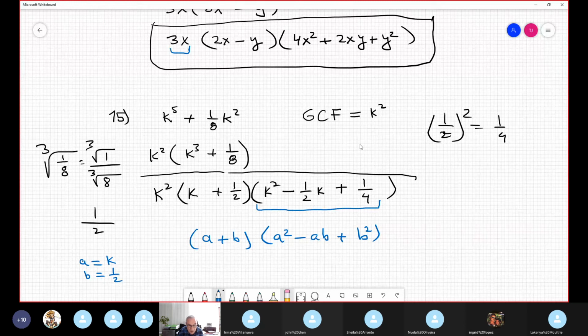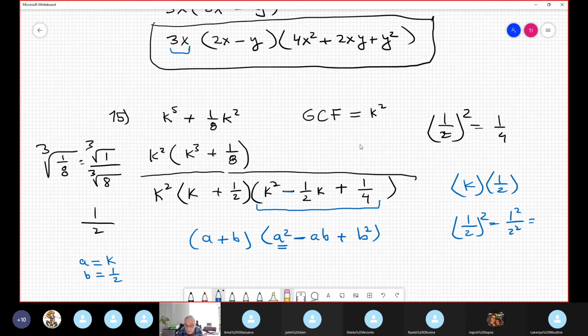Then you take a squared in my formula, but it is k squared in our example. Minus, multiplication of both. You can multiply k times 1/2, but I prefer to put the coefficients in the front, 1/2 k. Plus b squared, and b squared is 1/2 squared, which is 1 squared over 2 squared, is 1 over 4. I put 1 over 4.